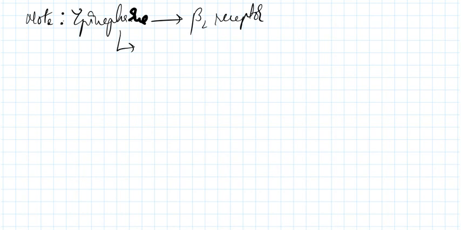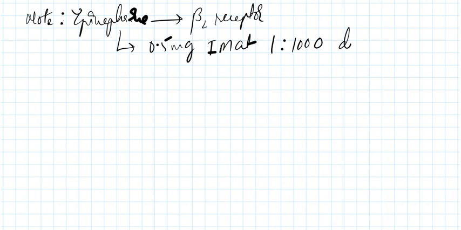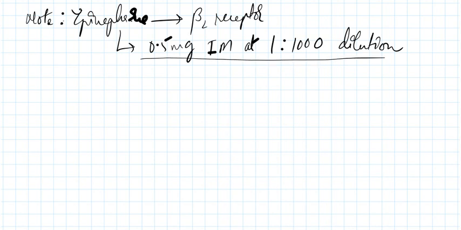It's 0.5 mg intramuscular at 1:1000 dilution. This statement is very important because you will get a question for sure. They will ask you the dilution, 1:1000.